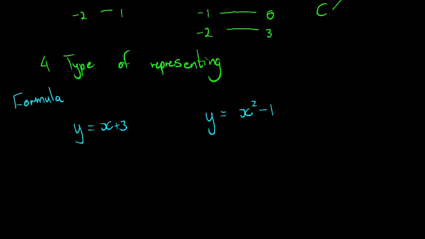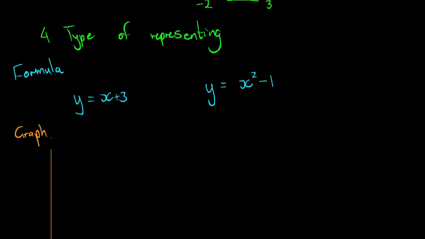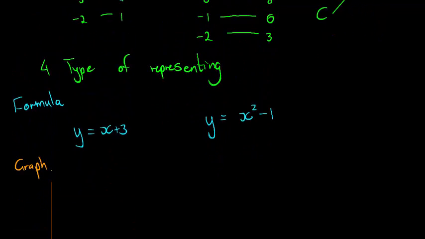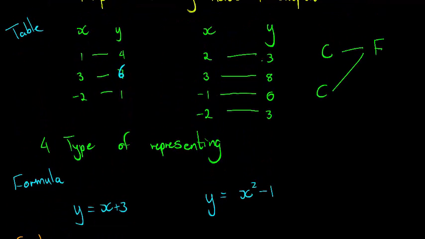The third way of representing it is with a graph. So, for example, this first one I had 1, 3, negative 2. Okay, when x was 1, my y value was 4.